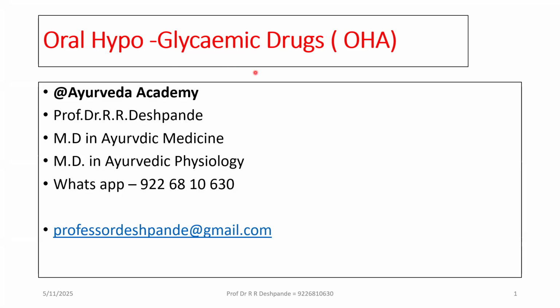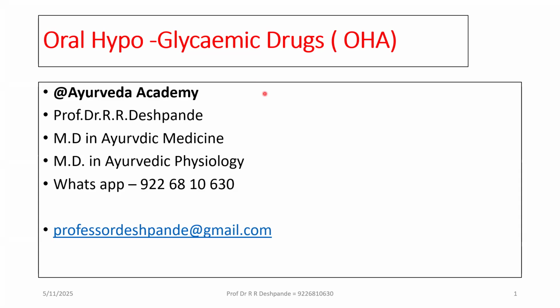So these oral hypoglycemic drugs act to stimulate the pancreas, number one, and some medicines act peripherally, that means all over the body in the cells, helping the action of insulin on the cell membrane. Receptors are stimulated because of some medicines.